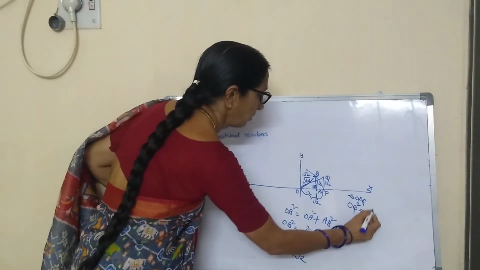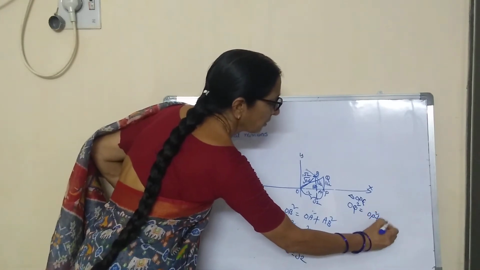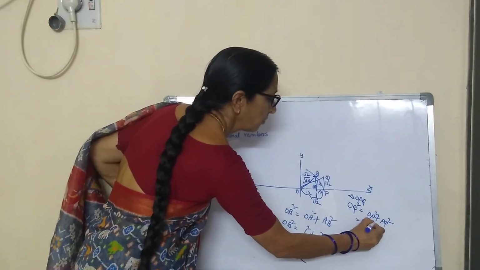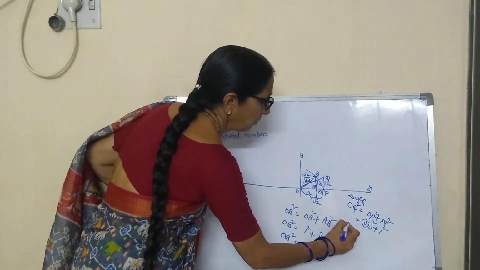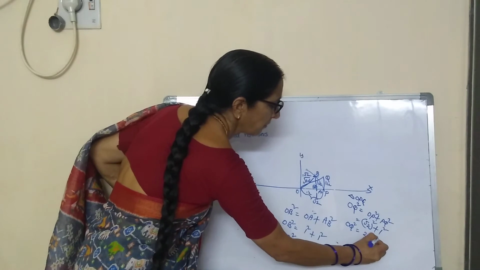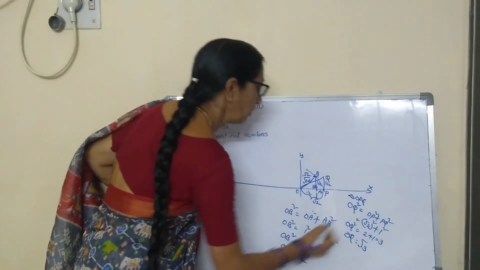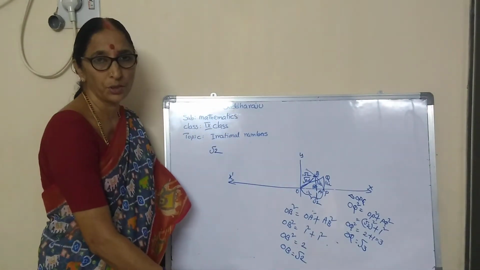OQ square is equal to OP square plus PQ square. OP is root 2, so root 2 square plus 1 square. So OQ square is equal to 2 plus 1, 3. So OQ is equal to root 3.